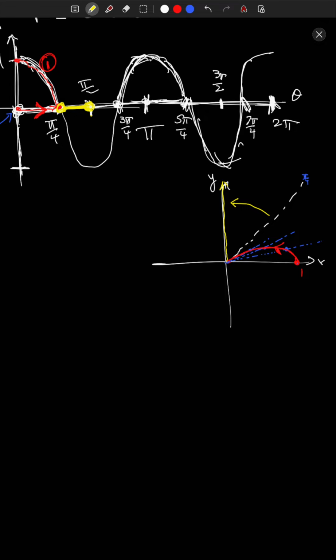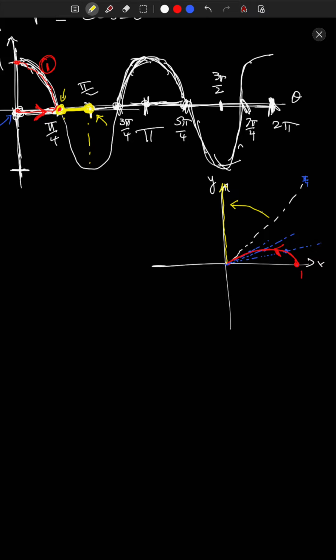However, notice that r in this entire region from pi over 4 to pi over 2 has negative value. What that means is instead of drawing the picture in the region that we're supposed to, we're going to be drawing on the opposite side. What's the opposite side?